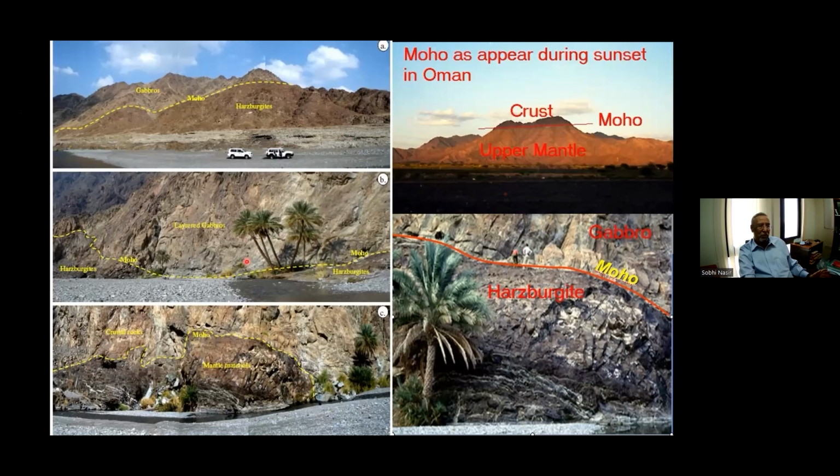Anywhere as you drive through, you can see it, and you can even walk on the Moho and touch it, and even by driving the car during the sunset, you can see the color of the crustal material and differentiate it from the upper mantle.